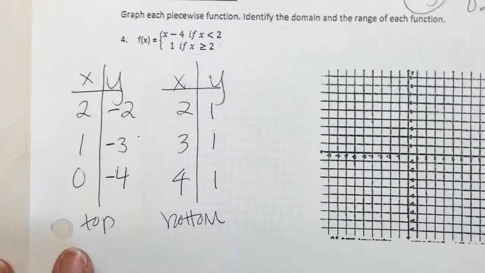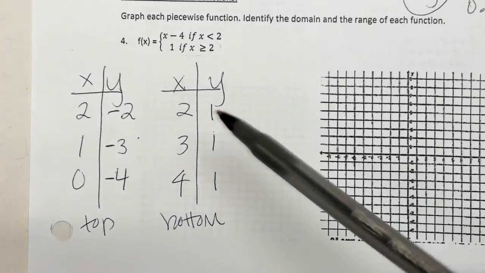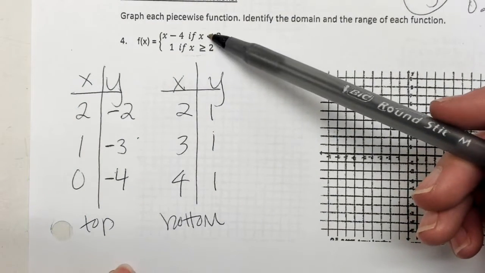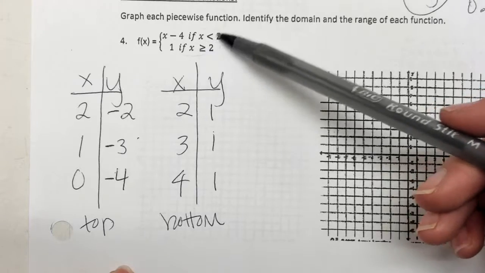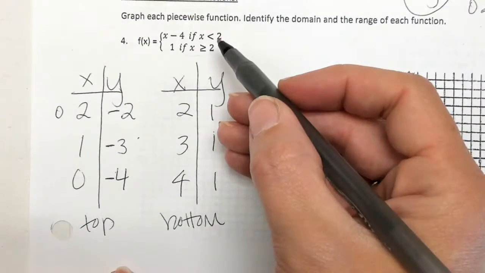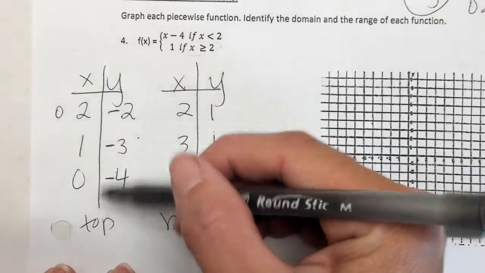Good. Alright, the last thing we need to do is see if these are inequalities. And remember when we were graphing inequalities on a number line? This one, if you were to graph this on a number line, would this have an open or closed circle? Good, because there's no bar underneath. So at this x value of 2, it's going to have an open circle. That's why we had to include it on our chart.